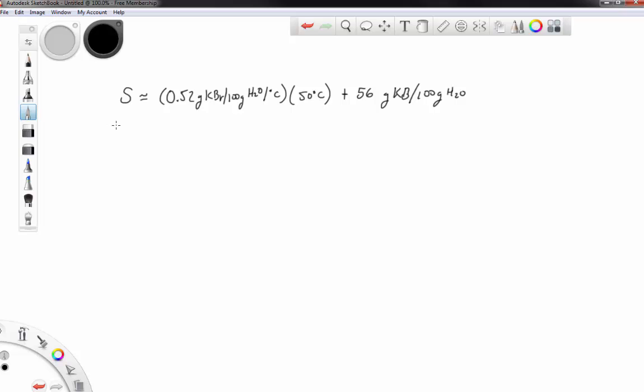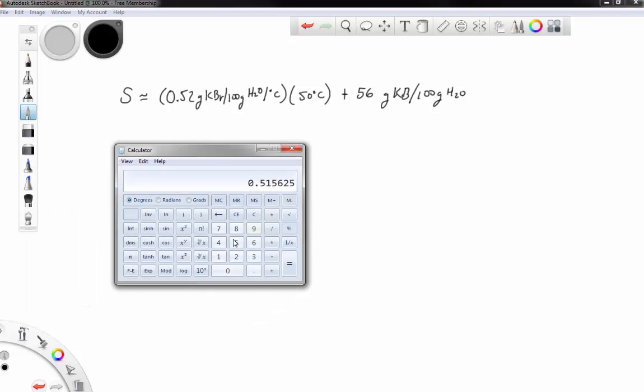So the total amount dissolved is going to be whatever we come up with here times really 1, because the units are per 100 grams of water. So let's see what we do come up with. So we have this 0.52 number times 50, and then to that we can add another 56, and we get about 82.